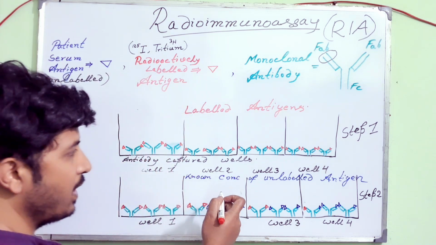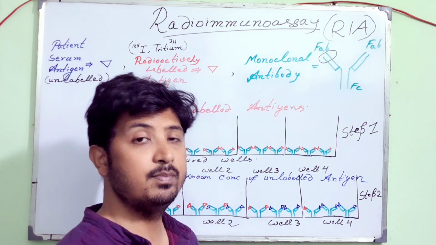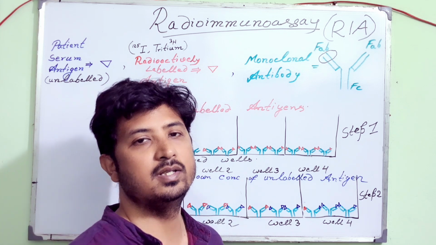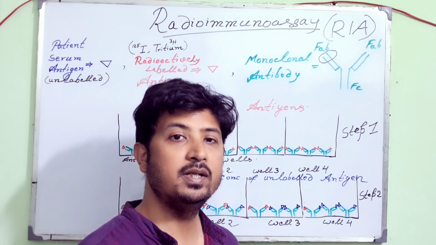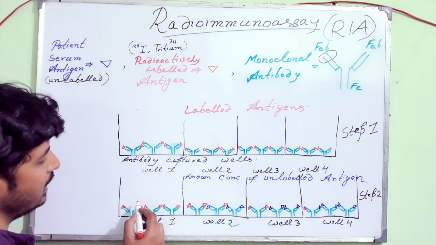Now this is the same antigen present in the serum, but this is estimated and known concentration of the antigen that is provided to you by the company. So suppose I have left the first well.